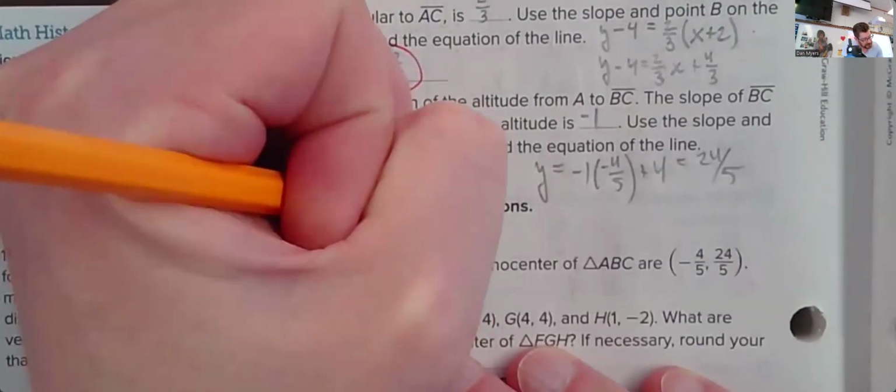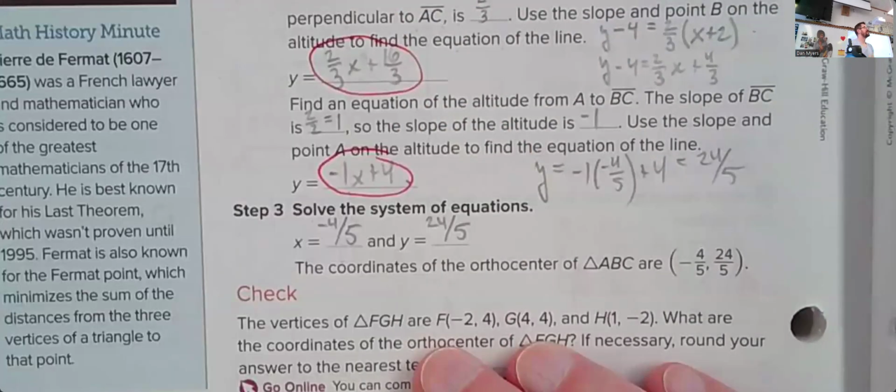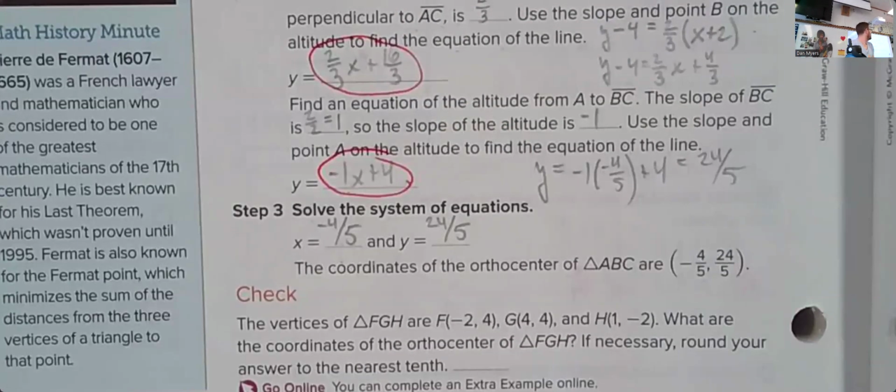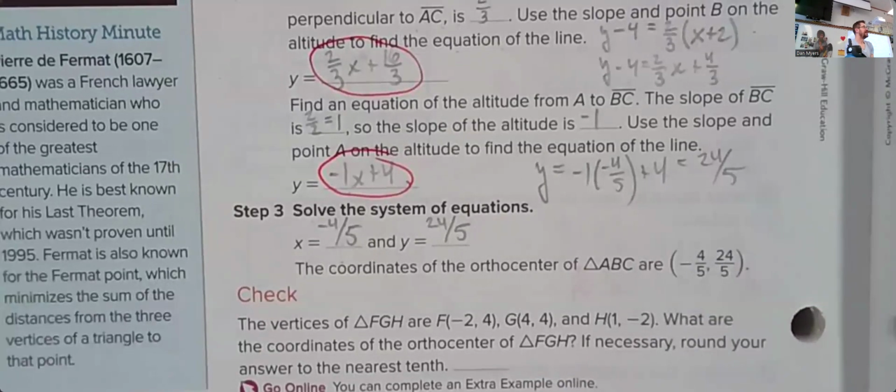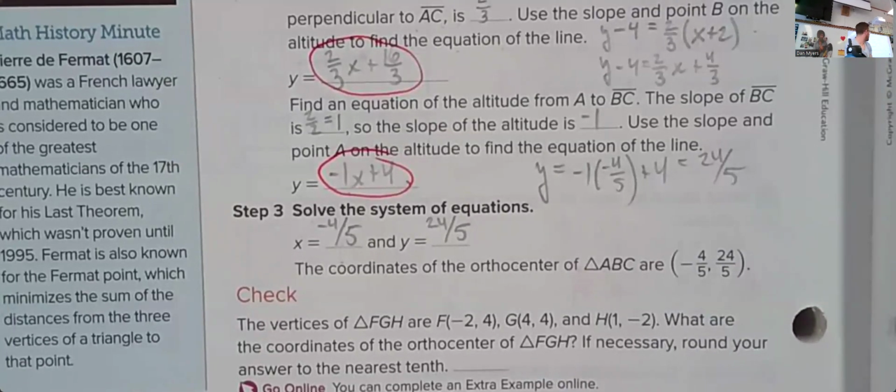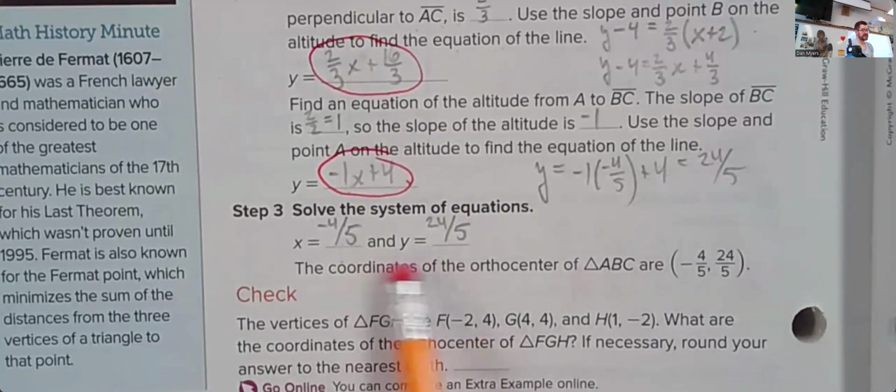And then, Emmy, what's 24 divided by 5? 24 divided by 5, yeah, 24/5. 4.8, which is exactly what you said for the other number as well. You had a couple really nice guesses, -0.8 and 4.8. So you could write these as decimals if you wanted to.